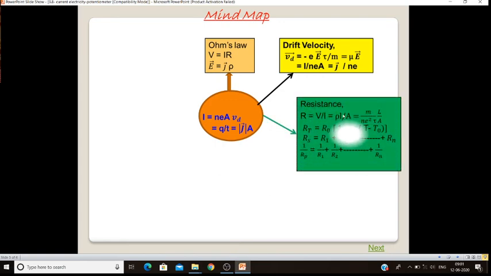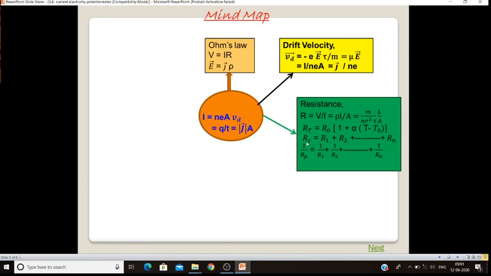Next is resistance. First, from Ohm's law, R equal to V by I, or R equal to rho L by A, where rho equal to m by ne square tau. So R equal to m by ne square tau into L by A. Resistance at any temperature T is R naught into 1 plus alpha (T minus T naught), where alpha is the temperature coefficient of resistance.